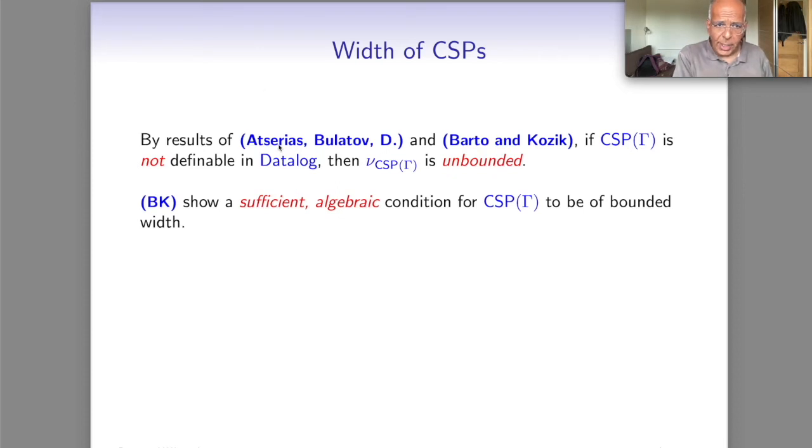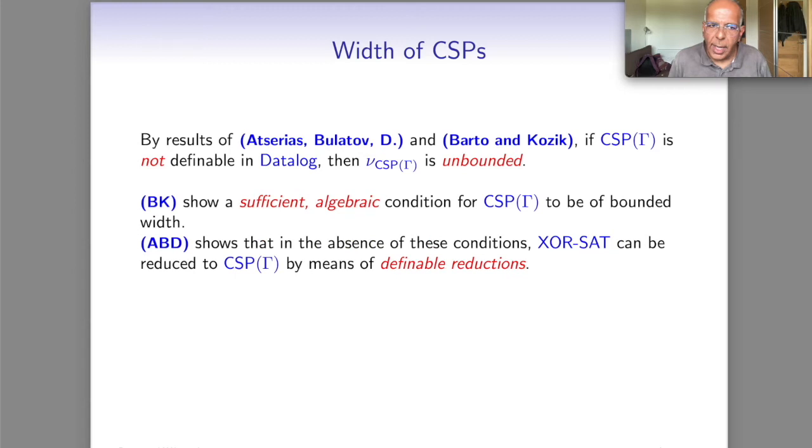I say this follows by results of Atserias, Bulatov, and myself, and Barto and Kozik. Really, it's a combination of two results. Barto and Kozik show a sufficient algebraic condition for this constraint satisfaction problem to be of bounded width, and we showed that in the absence of these conditions, you can reduce, for example, XOR-SAT to CSP gamma by means of definable reductions, so reductions that themselves are in Datalog.